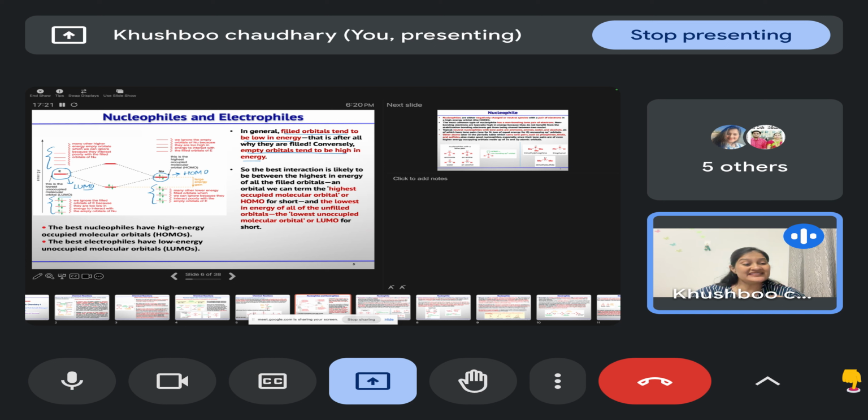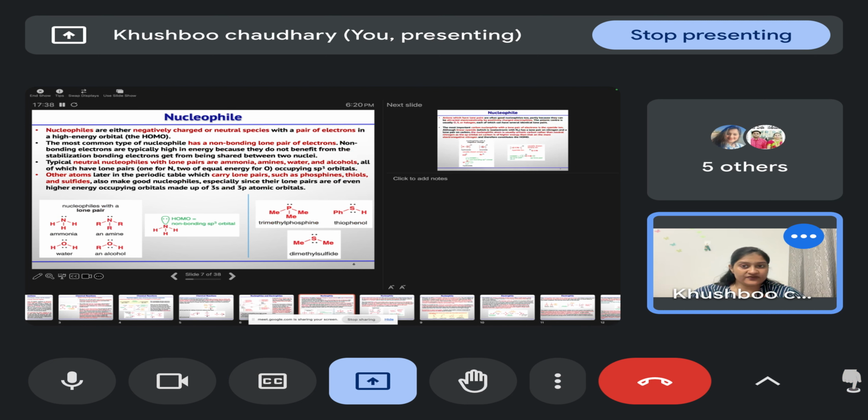So the best nucleophile is the species having a higher energy occupied molecular orbital, that means its HOMO, and the best electrophile has a lower energy unoccupied molecular orbital, that is LUMO. So on the basis of this discussion, that a nucleophile should have a high energy HOMO and an electrophile should have a lower energy LUMO, let us discuss nucleophiles and more about electrophiles.